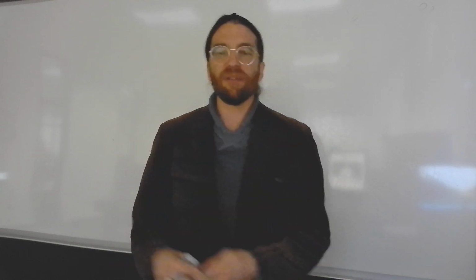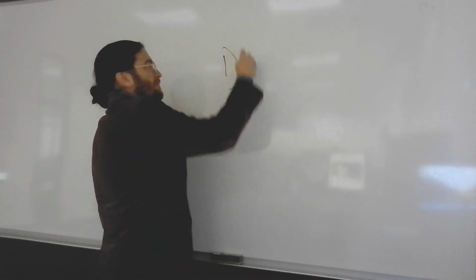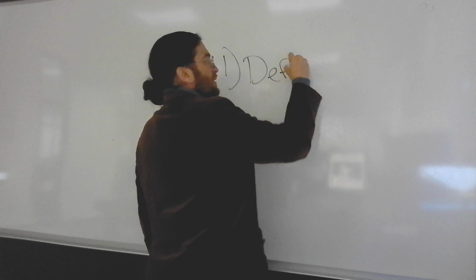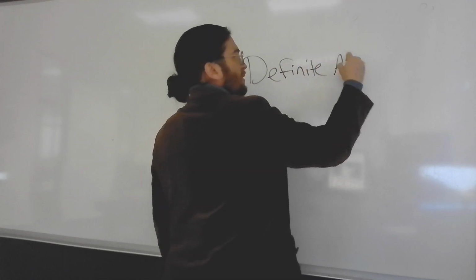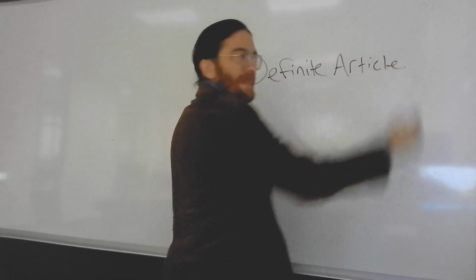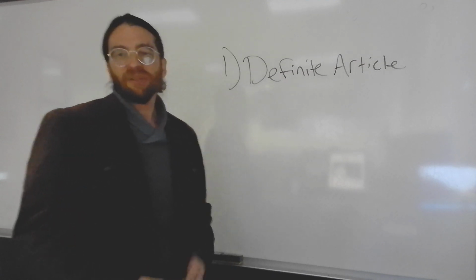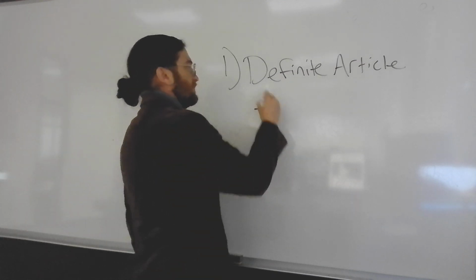Articles are words that come before a noun to show whether the noun is specific or general. We have the definite article. The definite article is the.